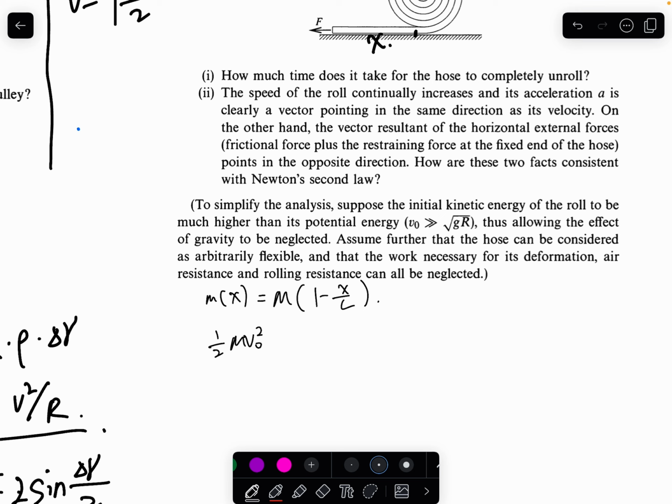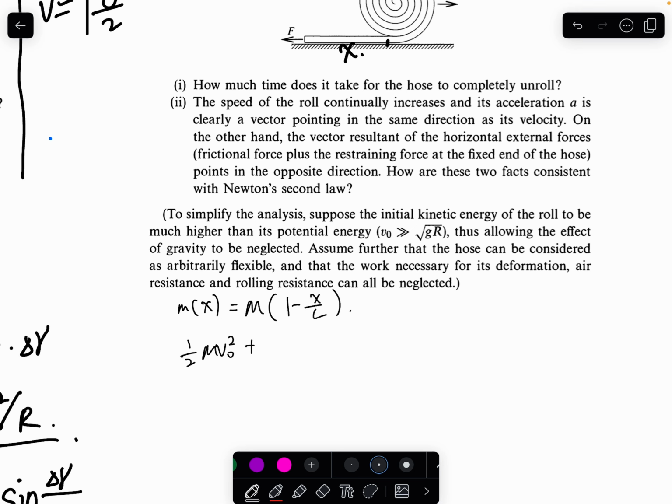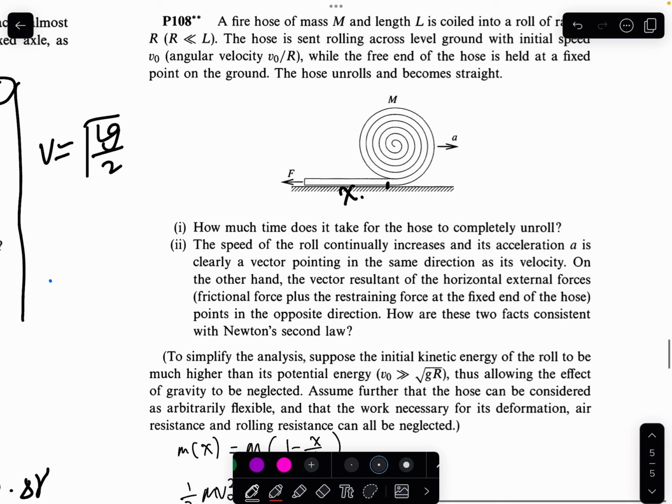This is the initial kinetic energy, plus this is the initial angular energy. This is because it does not only have the center of mass moving at a velocity of v. It is also spinning around its symmetrical line.